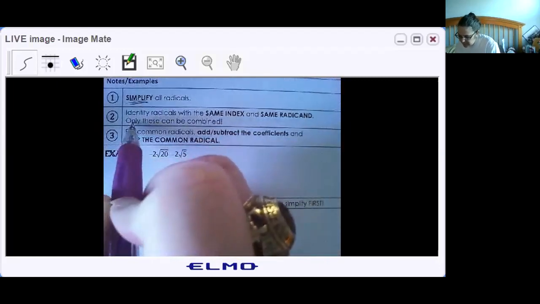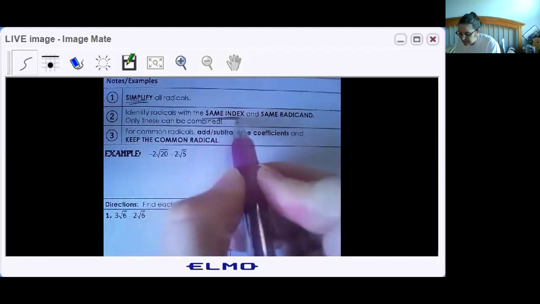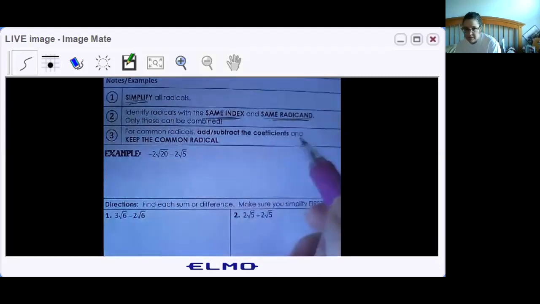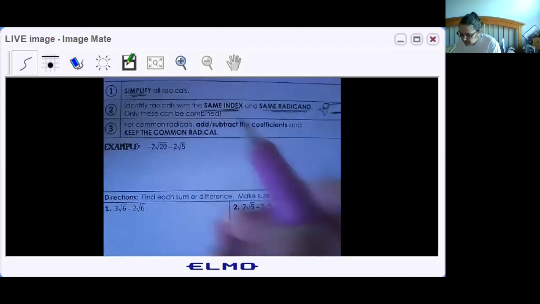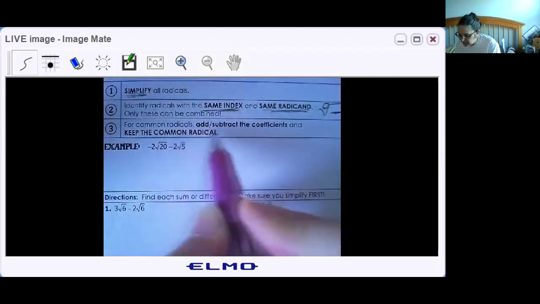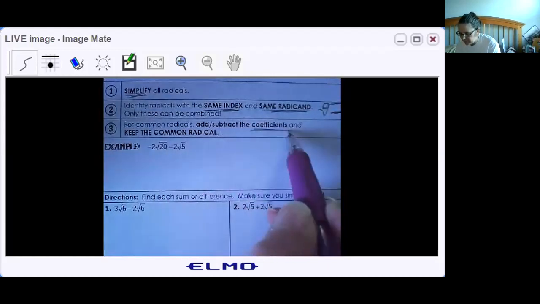Okay, we need to identify our radicals that have the same index and the same radicand. So when we're looking at this, this piece has to match and that piece has to match. Those two things are important, that they match. Okay, now for common radicals, add or subtract the coefficients.